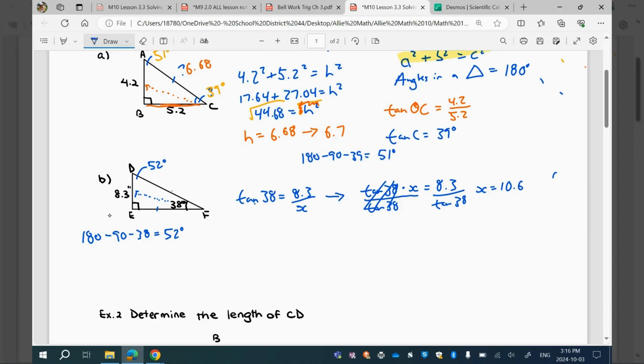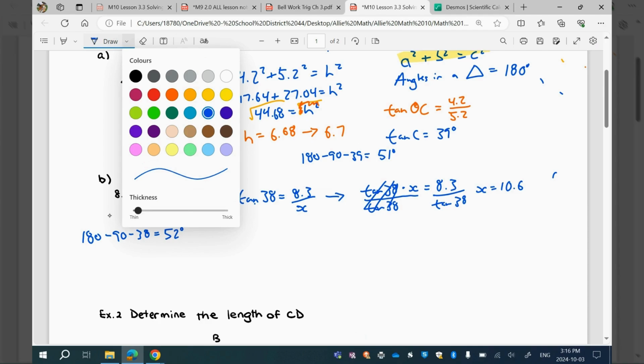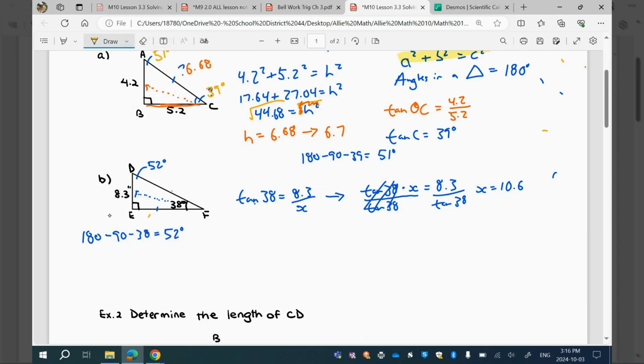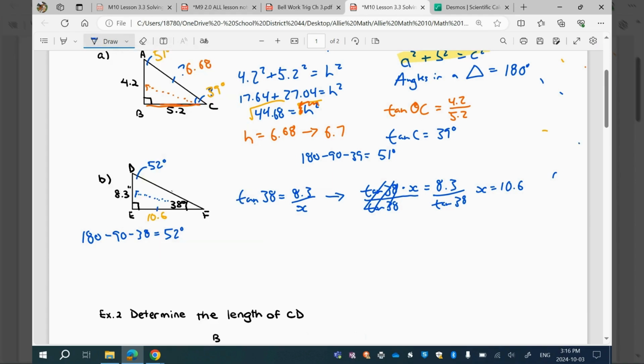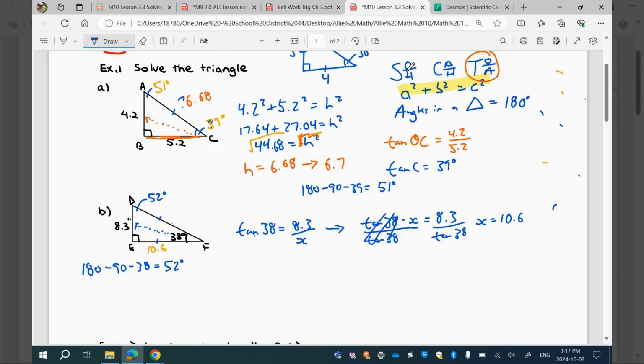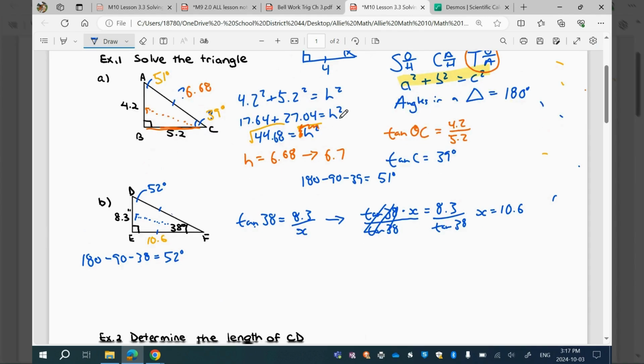So this side length here, I'll do it in orange, is 10.6. So now we have both the legs. We can find the hypotenuse with the Pythagorean theorem, or we can also say, okay, look, we have an angle. We have the opposite. We want the hypotenuse. So as you recall, we're going to use sine.